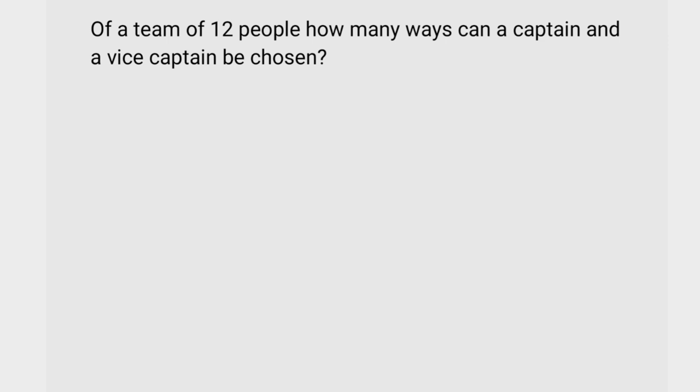There's no order to speak of, so we're going to use the combination formula in addition to the multiplication rule. There's 12 people to choose one captain, and then multiply that by, since the captain has already been chosen, 11 to choose one vice captain.